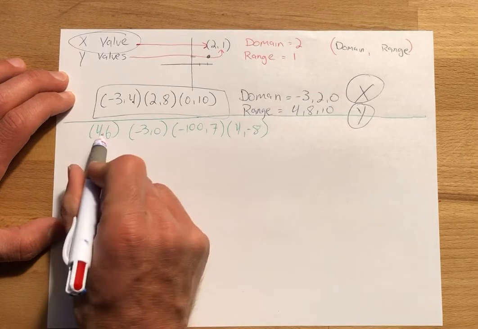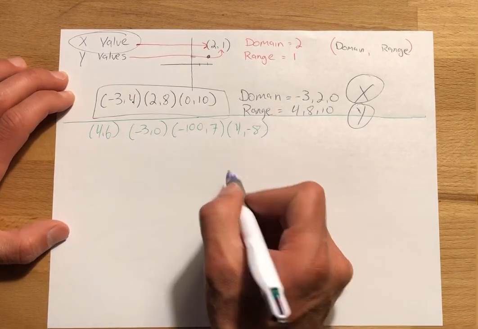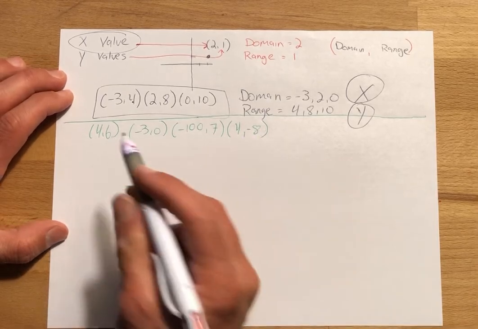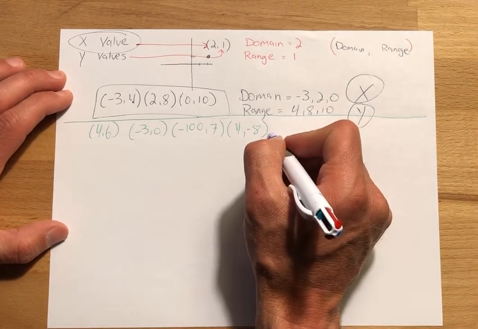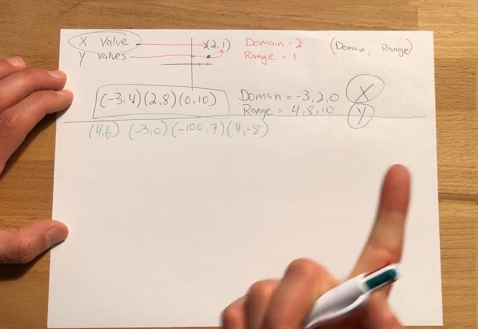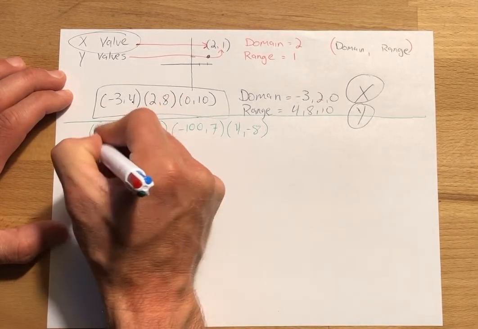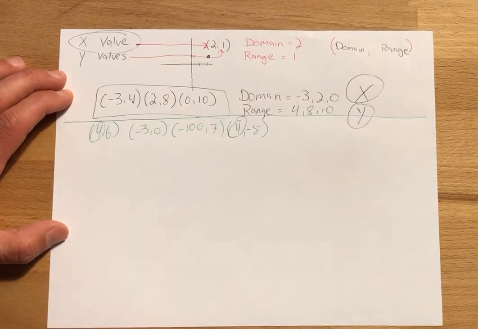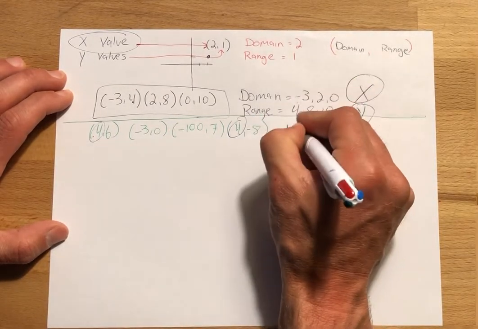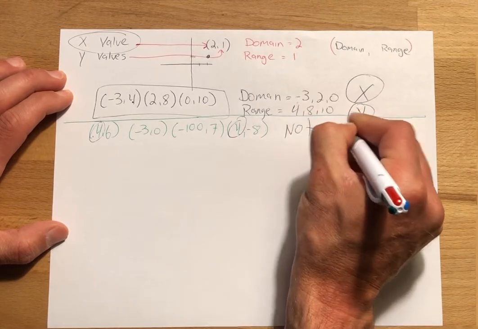And the question is, would these coordinates create a function? The answer is no, because if you have any repeating x value, if an x value repeats just one time, it's not a function. See how there's a 4 here and a 4 here? You have the same x at least once. So this is not a function.